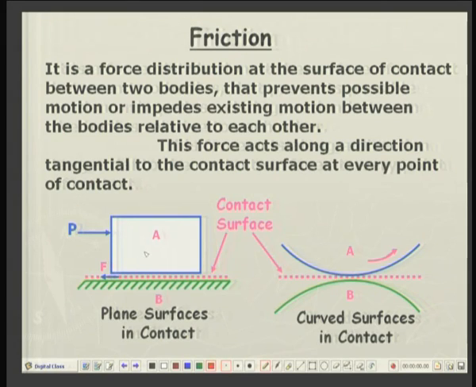In example 1, when the surfaces are both plane, there is a total surface of contact. So, in the second case, we will consider the tangent plane as the contact plane. Suppose wheel A is moving in an anti-clockwise direction, then the force of friction will be in the clockwise direction. It is always opposed to the direction of the relative motion between the two surfaces.